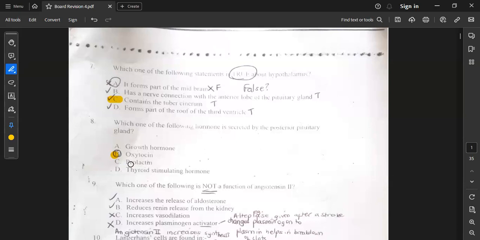It will also increase plasminogen activator. Shrina, we've gone with number 9, we've gone with choice C.